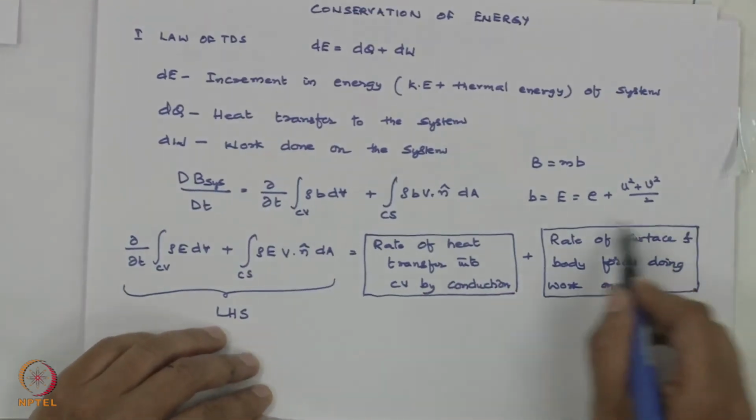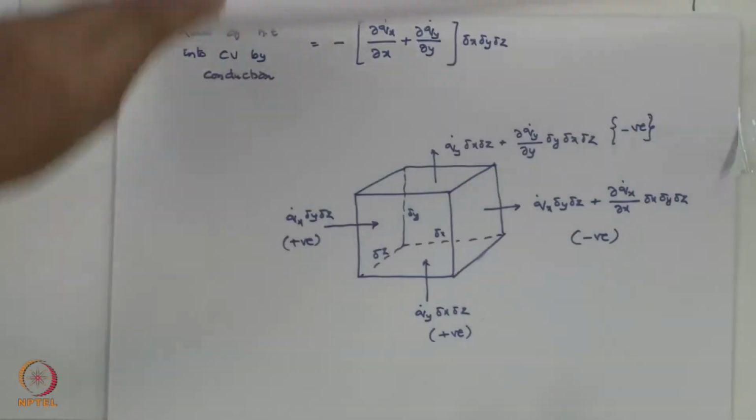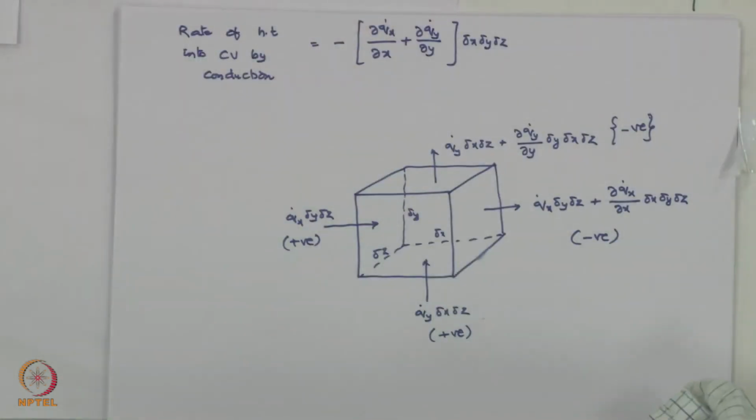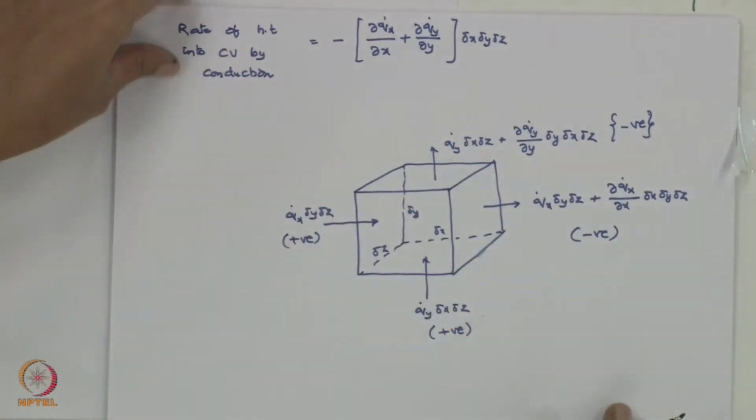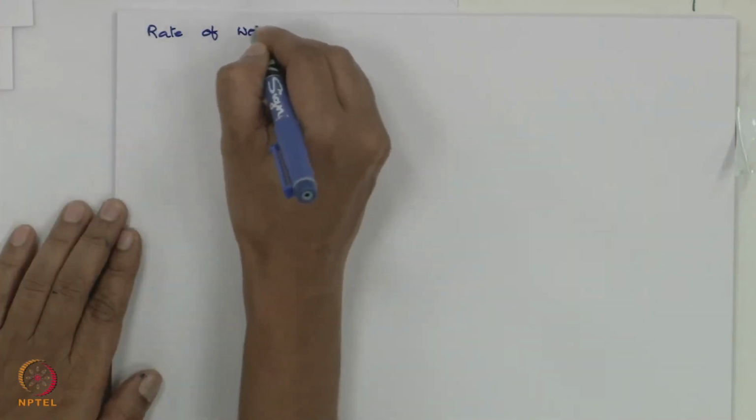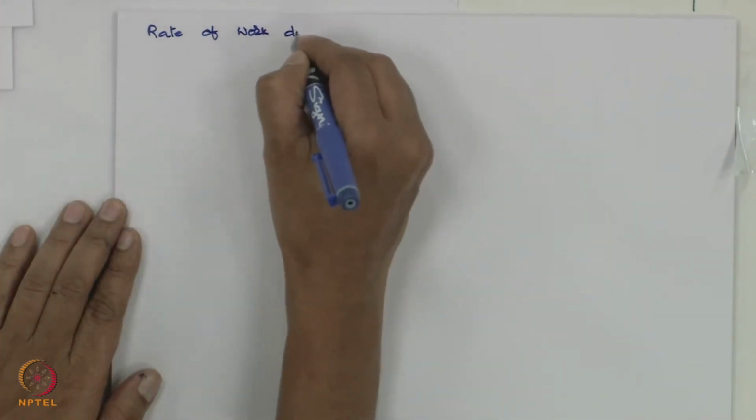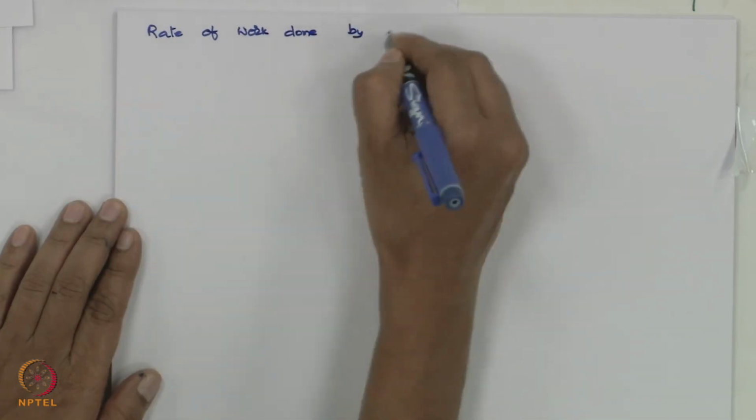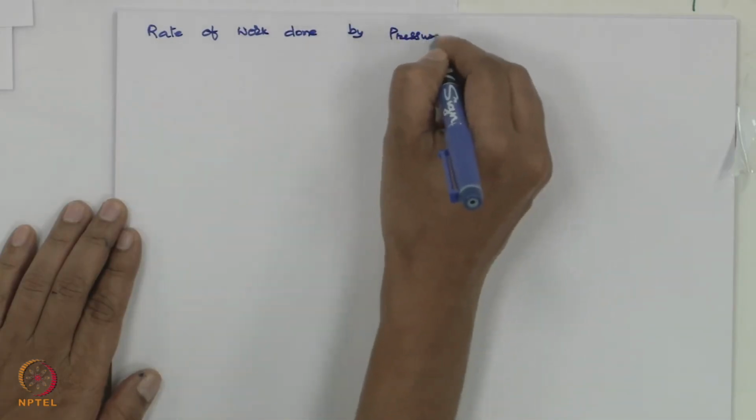Now we have to take one by one force and see how is the rate of work done by each of the forces. So now let us take up rate of work done by pressure forces.